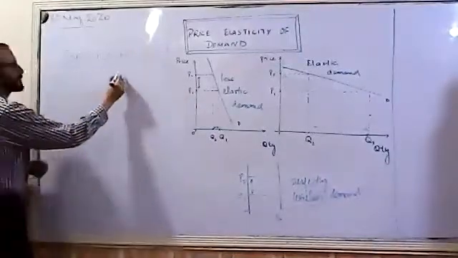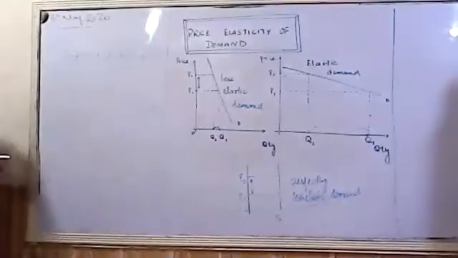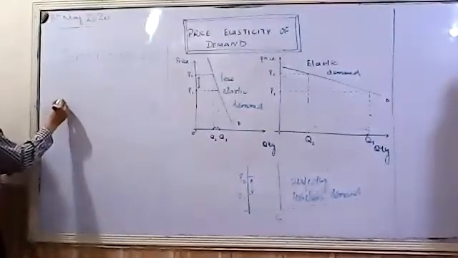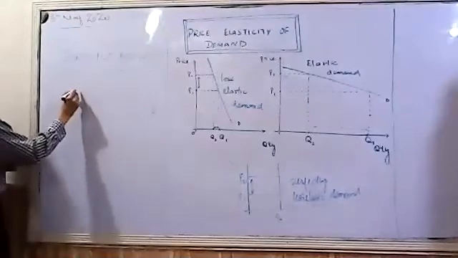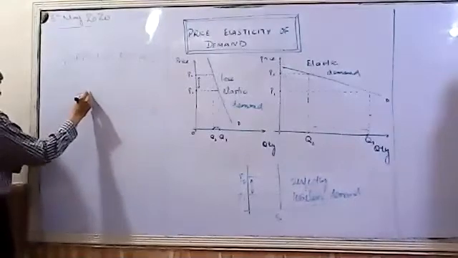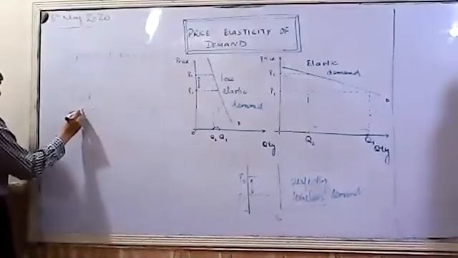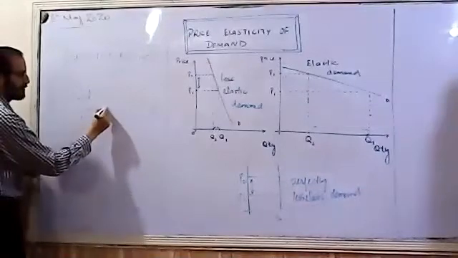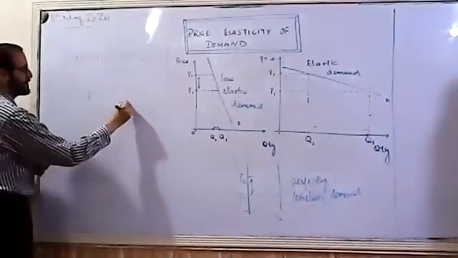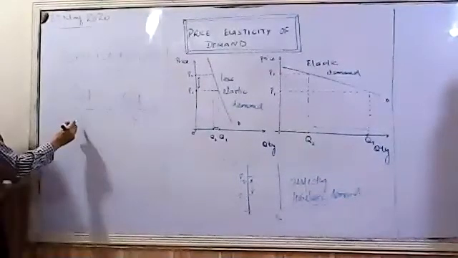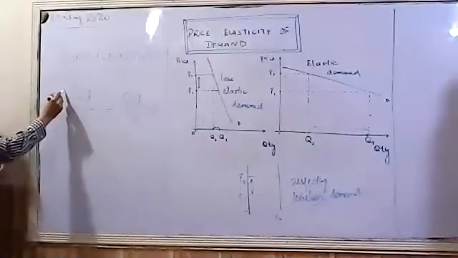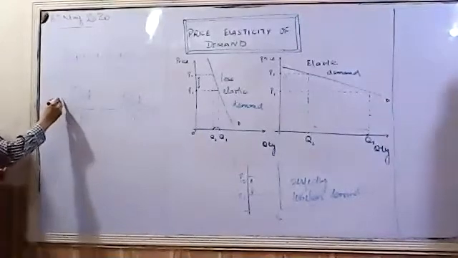The formula method is very simple. You could just make a note of this formula: change in quantity demanded over quantity demanded, divided by change in price over price. I hope it's not that difficult to learn, but only one thing has to be added to this formula.